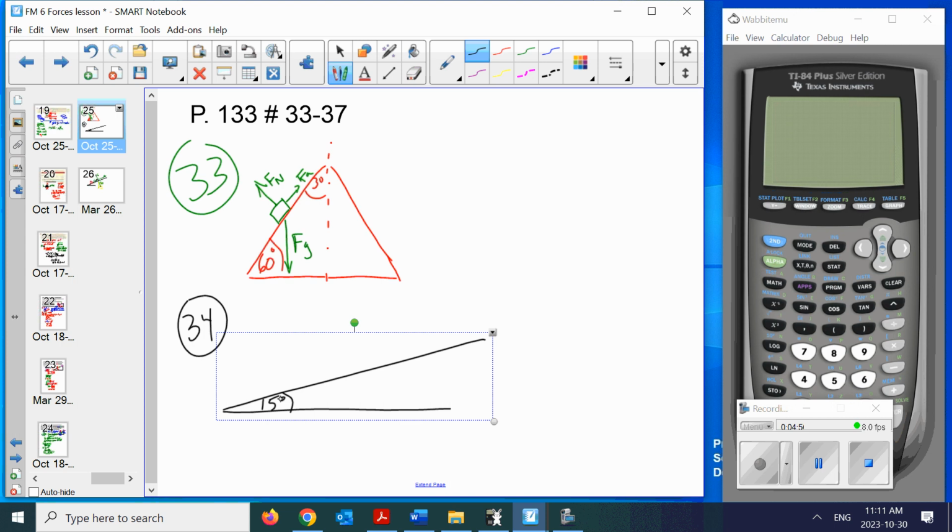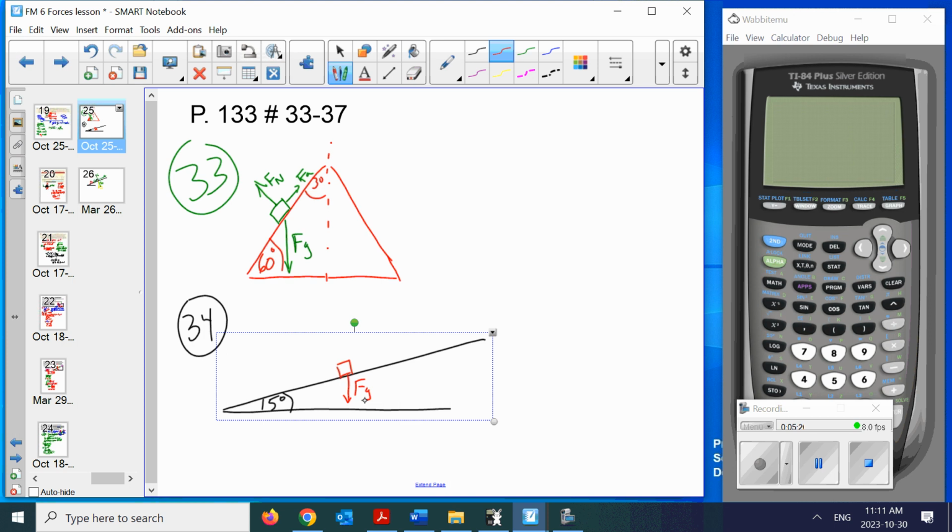So we have a cup here. We're only interested with components of the weight force. But let's consider this.